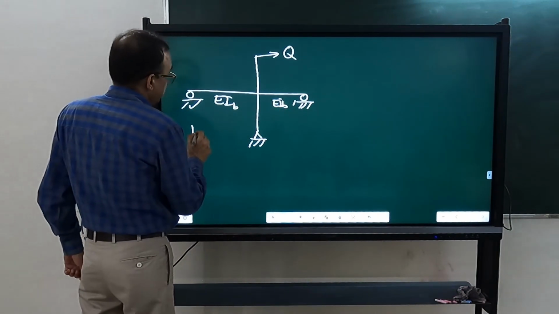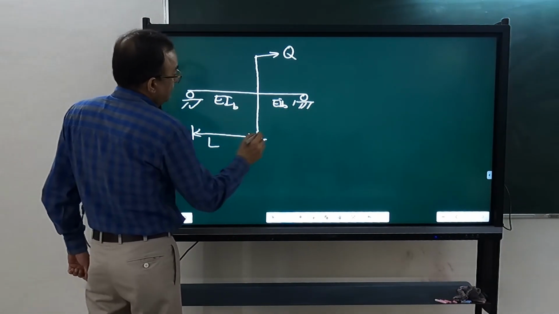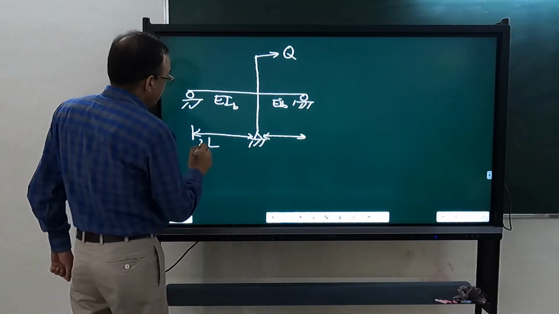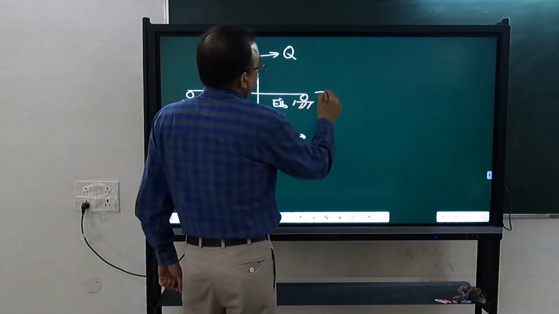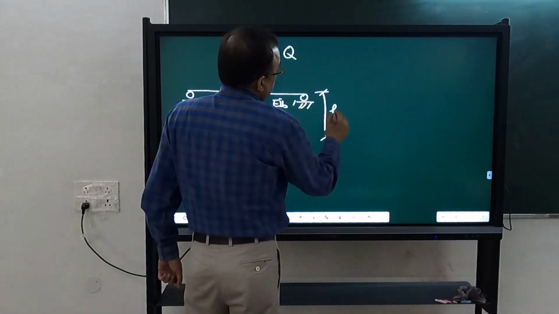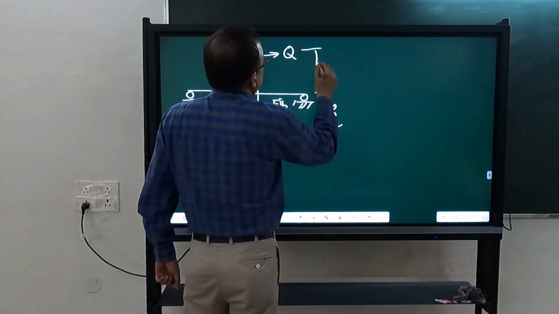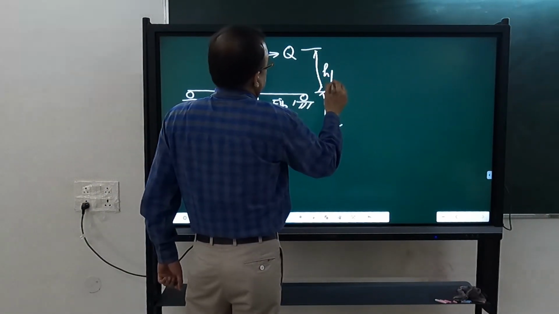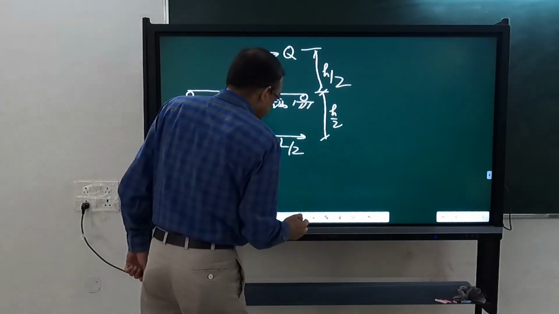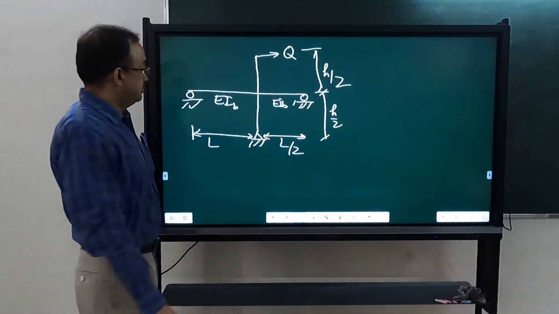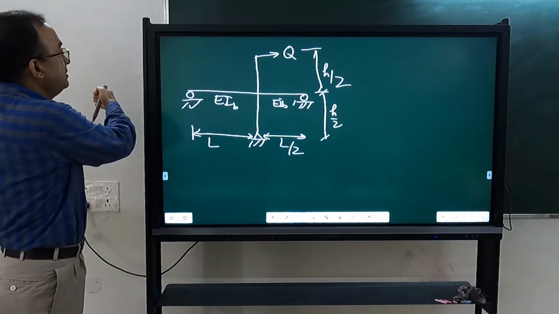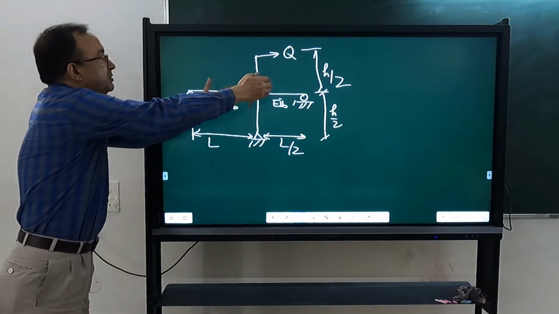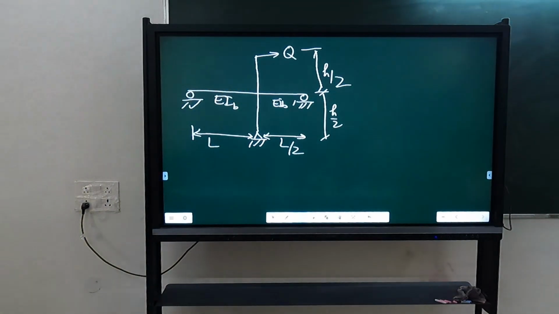But let us say this is 2L, this is L, or let us say this is L by 2 and this is L. So this span was 2L. This was 6 meter, this was 3 meter. Let us say. Now theta will be the same.